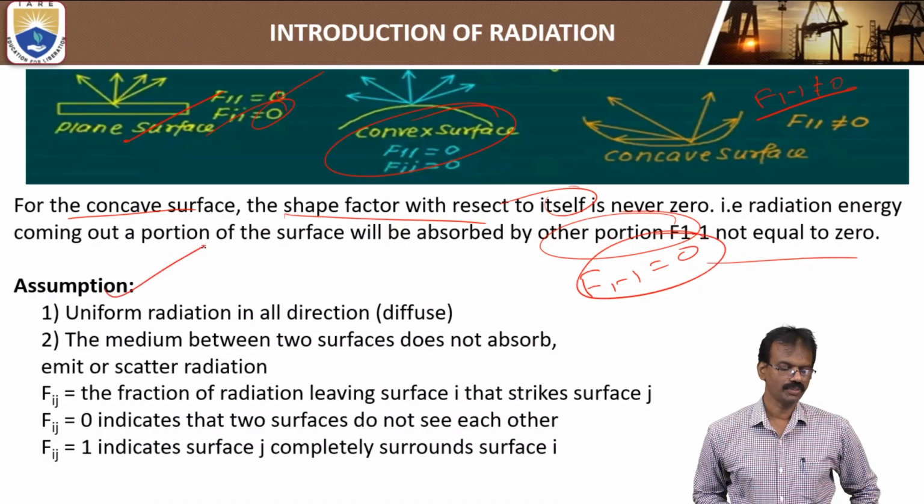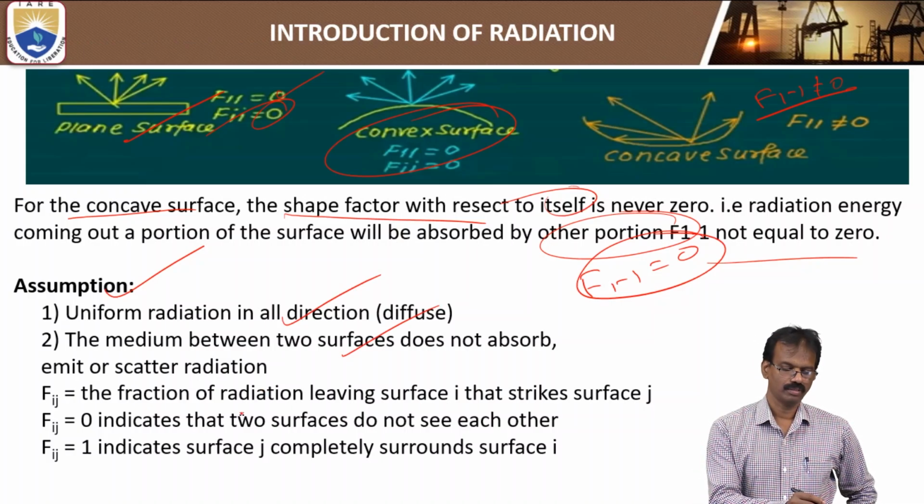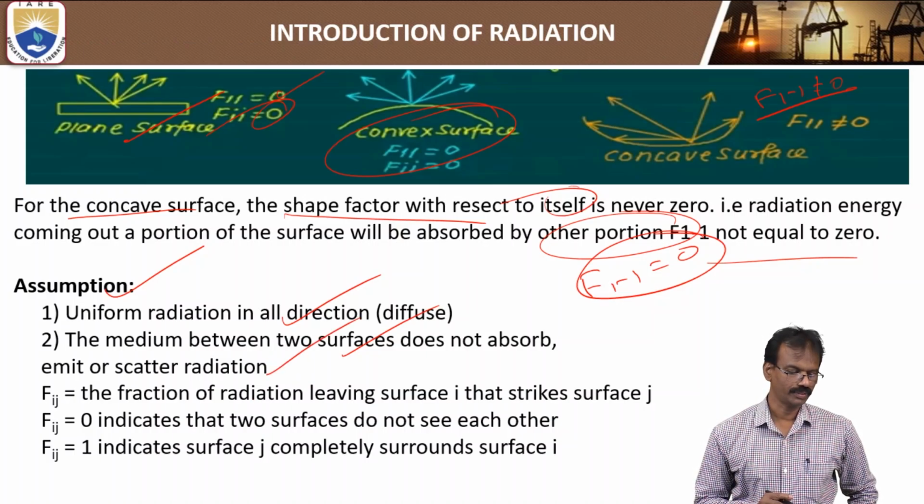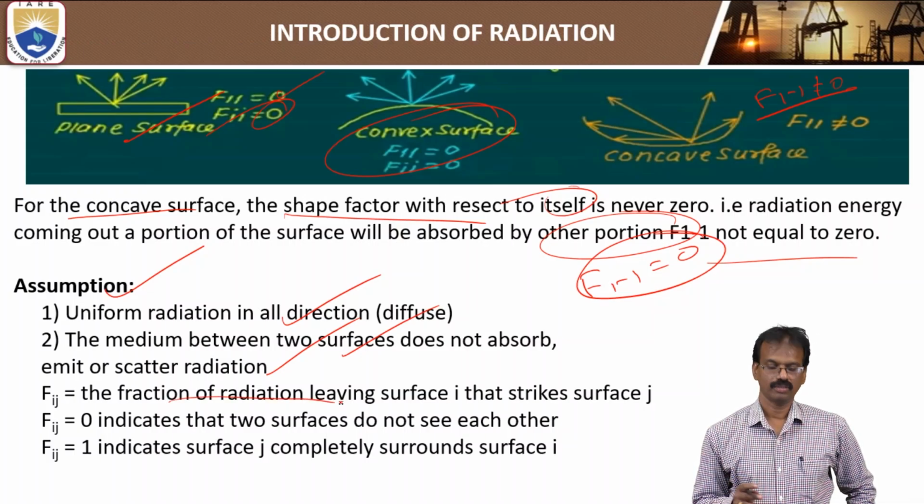Now some assumptions: uniform radiation in all directions, and the medium between the two surfaces does not absorb, emit, or scatter, so we are not considering the medium. Fij is the fraction of radiation leaving i that touches surface j.